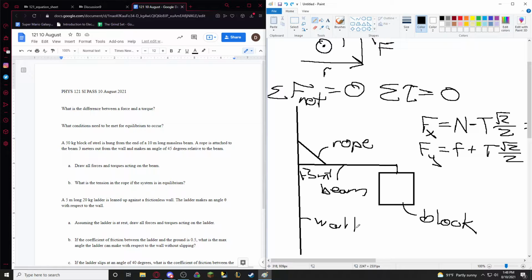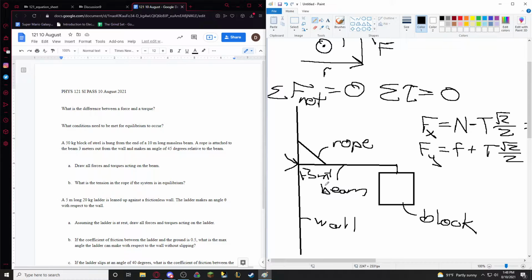Probably in the corner with the rope. Right here where the beam meets the wall? Yeah. Why is that? Because you can eliminate the frictional force there.